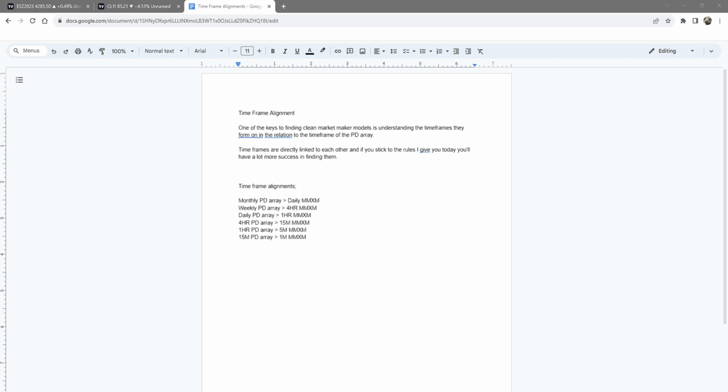The first thing we need to talk about is time frame alignments, and I'll explain where this concept plays into it with our examples. Your first time frame alignment is a monthly PD array for a daily market maker model, right?